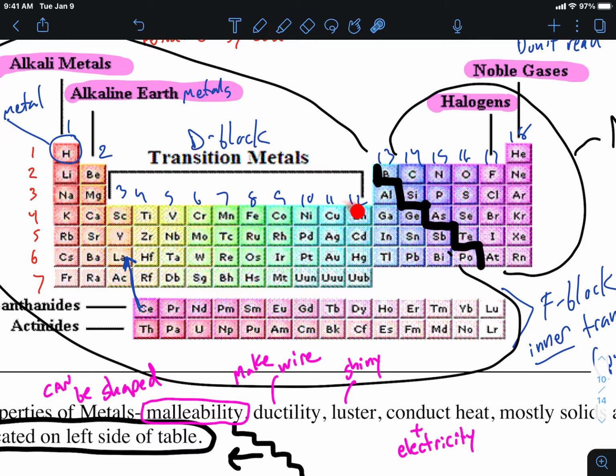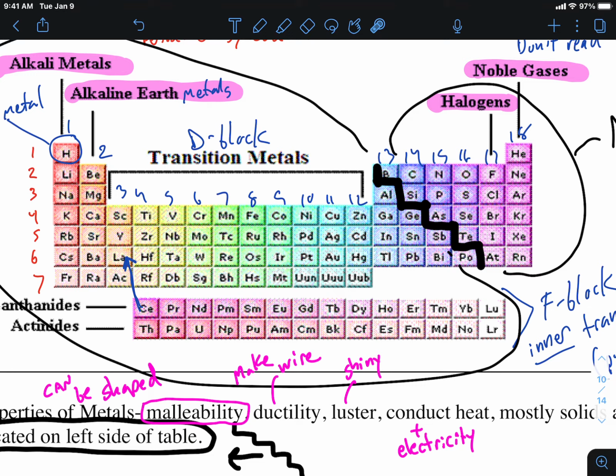We're going to jump over the Ds. We're going to come over here. If it's in the first P column, these guys will all be S2P1s, which means they have 3. These guys here will all be S2P2s, which means they have a total of 4. These guys here have a total of 5. The 6th column has 6. The 7th column has 7. And the 8th column has 8.